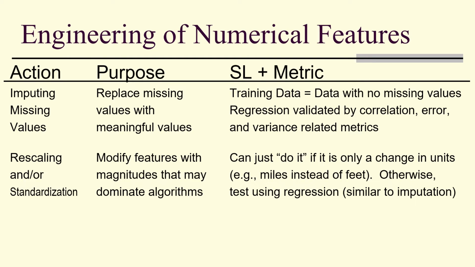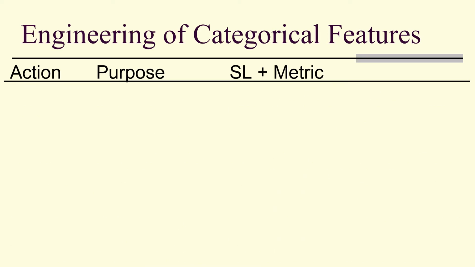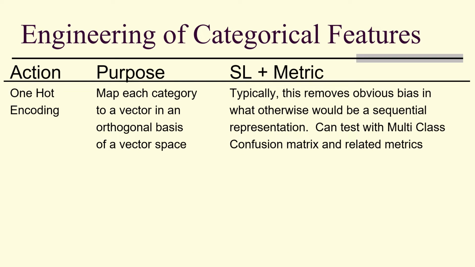But we can't just do it if it's only a change in units. Otherwise, we can test using regression, similar to imputation. Log or linear transforms, modifying data with more features than needed. These tend to come with their own metrics, for example, principal component analysis, validated by explained variance and beta confidence scores.